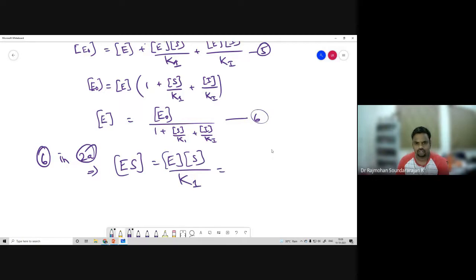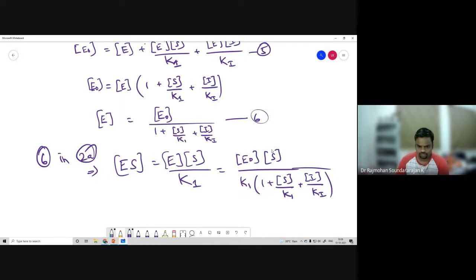Substituting E, we get E naught into S divided by K1 into 1 plus S by K1 plus I by Ki.